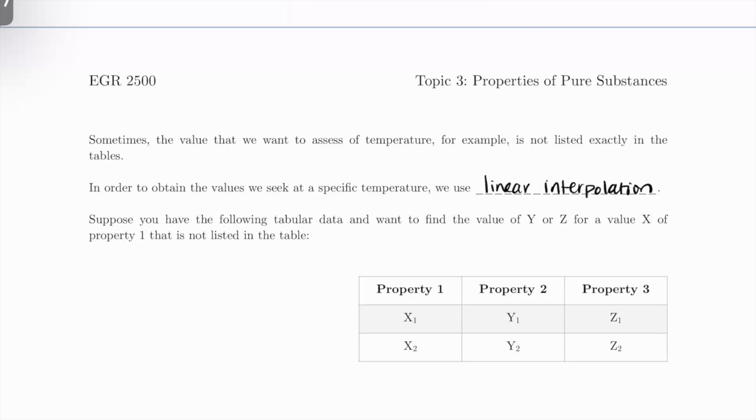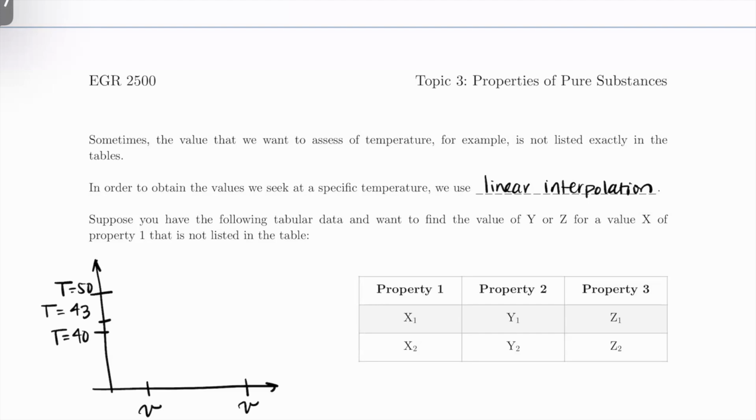So essentially what happens is that we want to decide what that value is we're looking for by assuming that the property slightly less and the property slightly above it are linearly dependent. For example, if we have a temperature of 50 and then a temperature of 40, and the T that we're interested in is 43, which is here, and then we want to find out the specific volume, right?